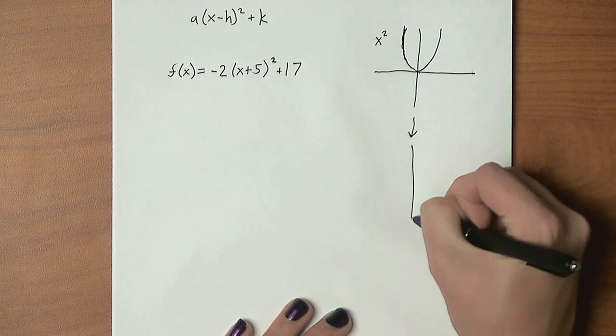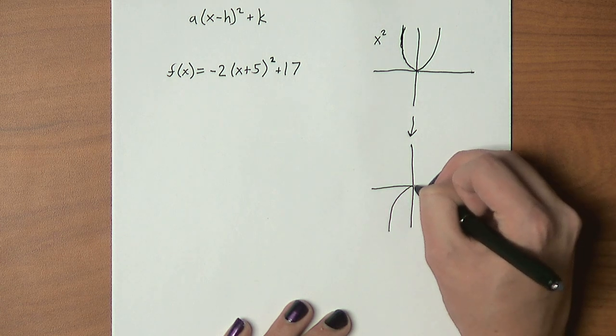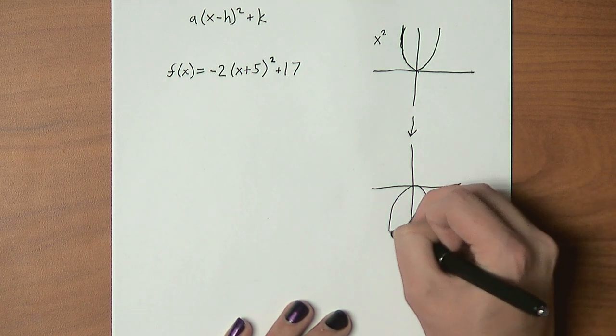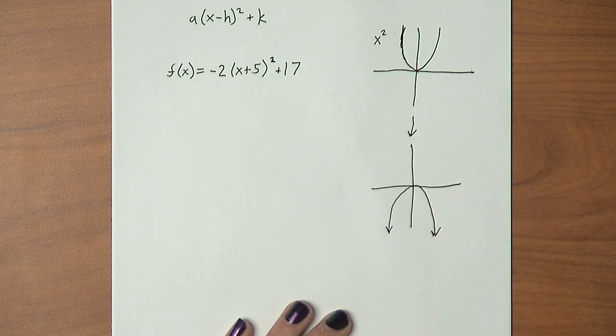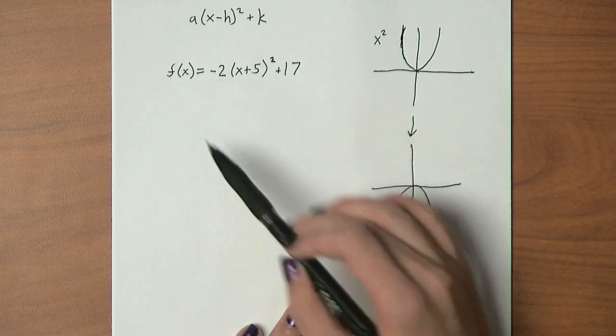So my transformation from that negative is I'm going to flip it over the x-axis. If it was positive, I just wouldn't do anything.